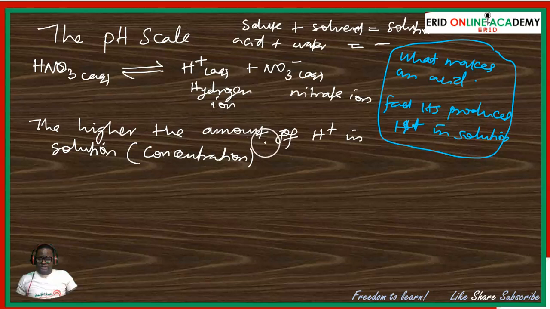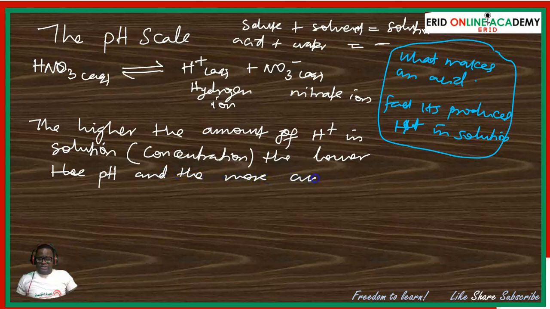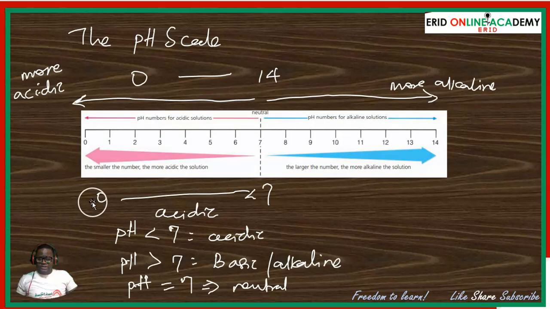So the higher the amount of hydrogen ion in solution, which means its concentration, the lower the pH and the more acidic the solution. It's very important that you understand this. Let's relate it back. We said the lower the pH, the more acidic the substance is.